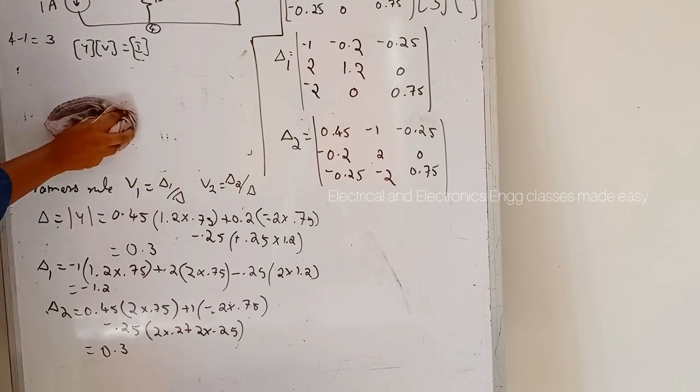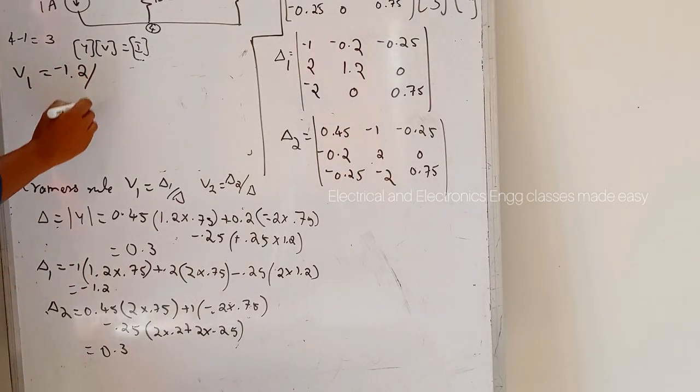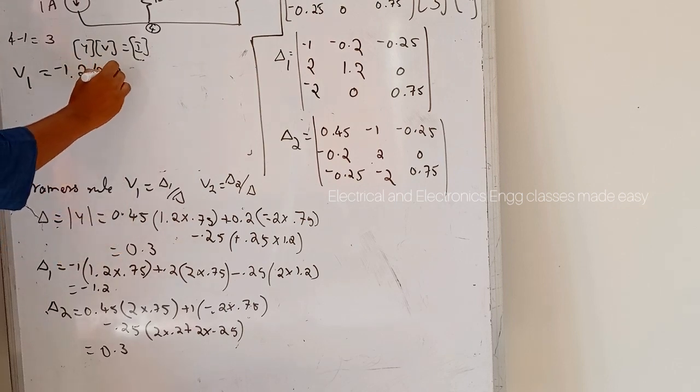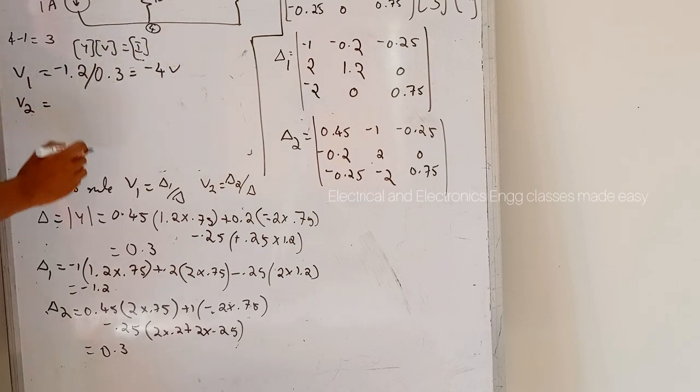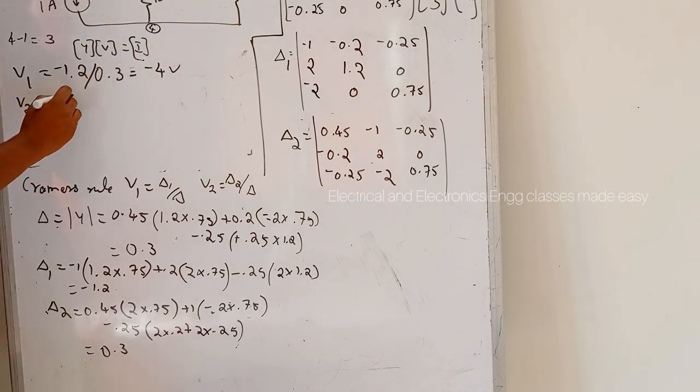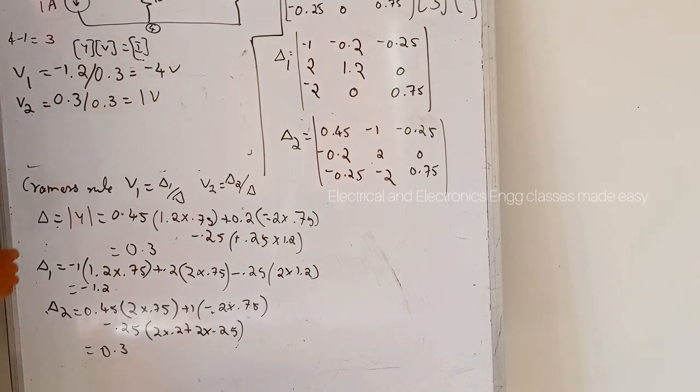So V1 is equal to delta 1 divided by delta, that is V1 is equal to minus 1.2 divided by 0.3, and that is equal to minus 4 volt, and V2 is equal to delta 2, that is 0.3 divided by 0.3, that is 1 volt.